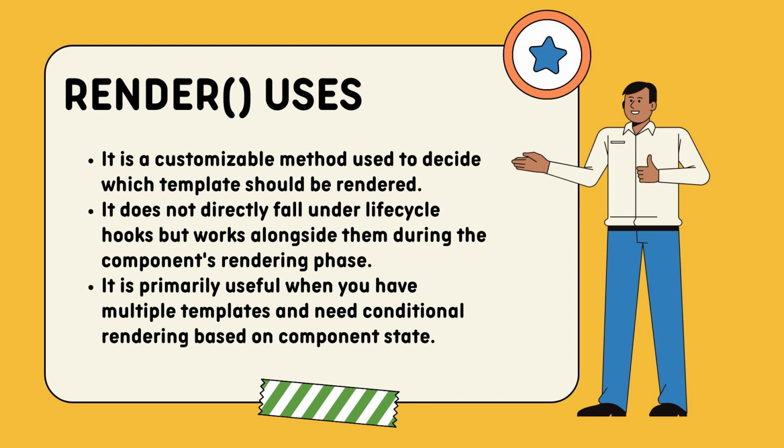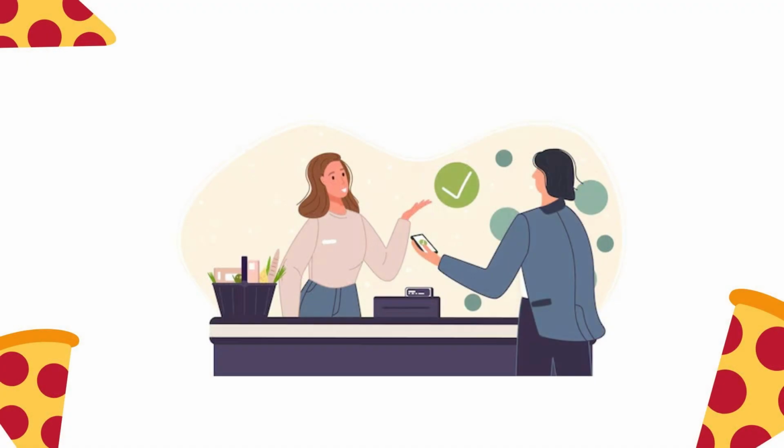It is primarily useful when you have multiple templates and need conditional rendering based on component state. Let's say a customer changes their mind and asks for a different pizza topping. This method decides which template to render based on the current state.